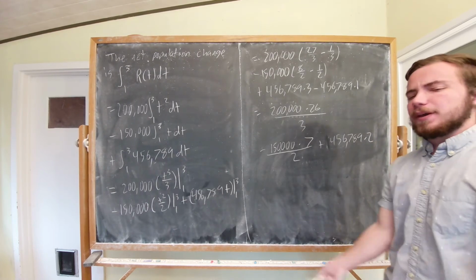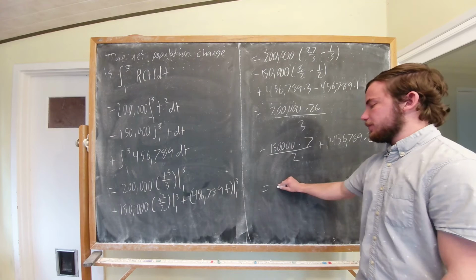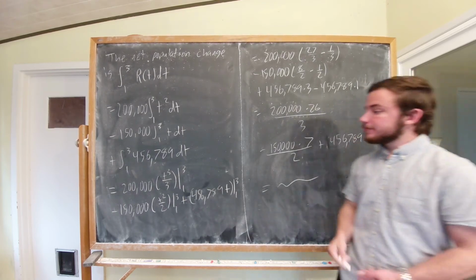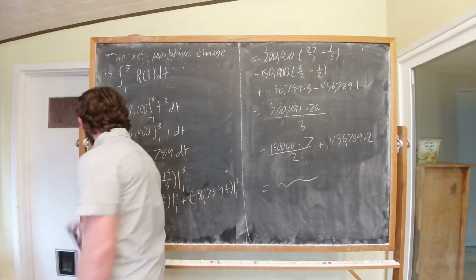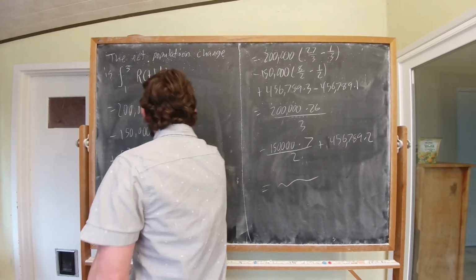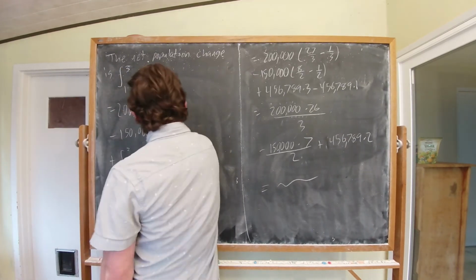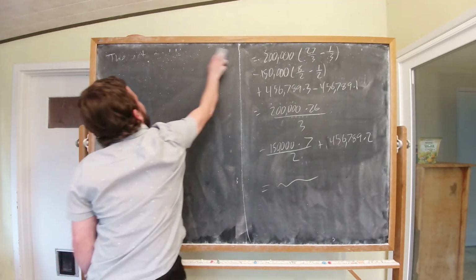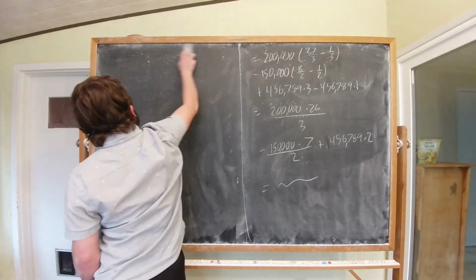And if you want, you can get a calculator out and go from there. I don't have one on me. But for the love of God, don't round. So many people made rounding mistakes on the midterm. And it just didn't need to be that way.